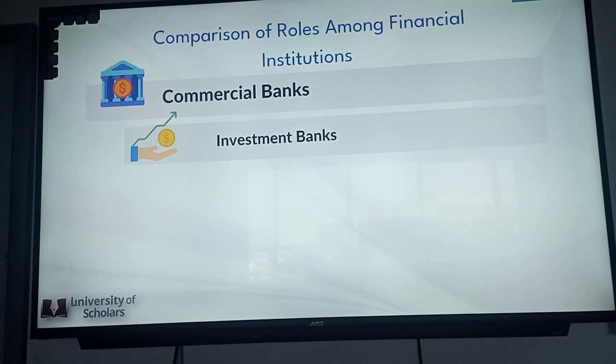Investment banks can also assist companies in bond issuance. But their secondary role is to engage in mergers and acquisitions advisory. They can advise us whether to merge or acquire other companies. They can also help us in asset management and property trading.